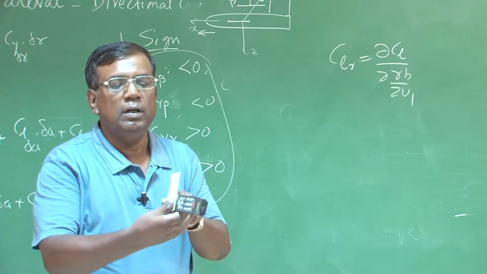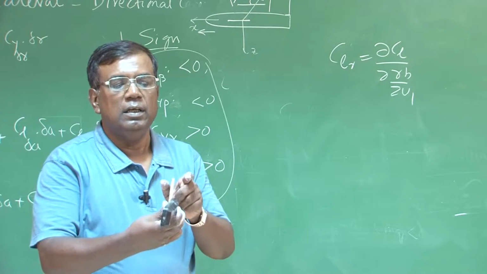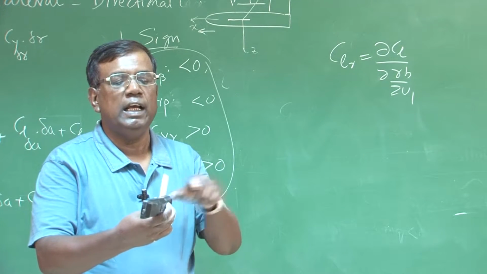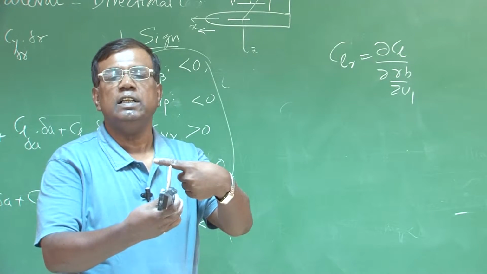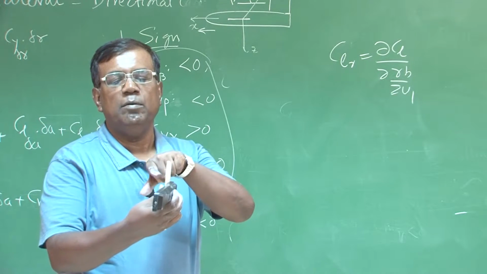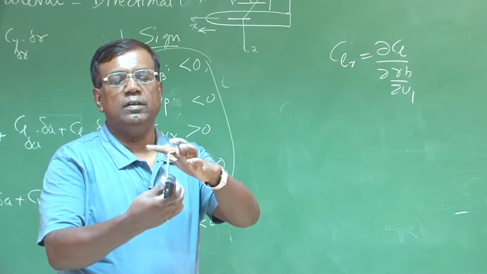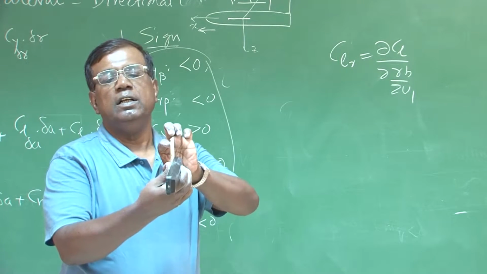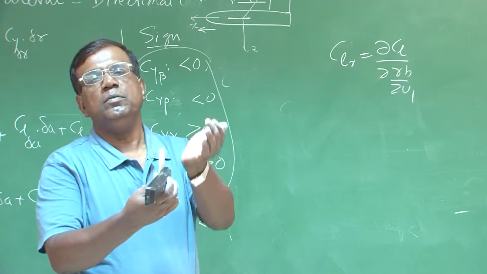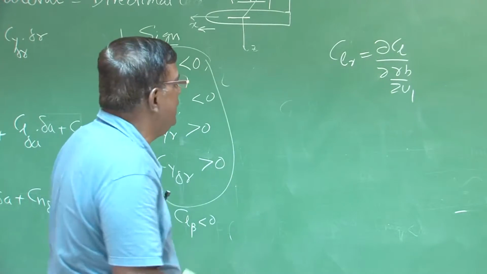You see, very simple. As it rotates like this vertical tail is pushing the air this way, so it will experience a force in this direction, and that force will be somewhere at the center of this fin or vertical tail. So that force into the distance between the force and the center line will give me a positive rolling moment.